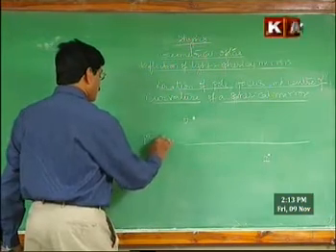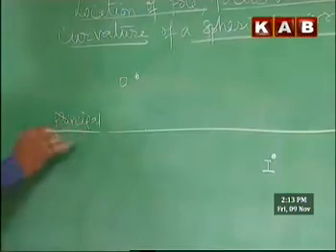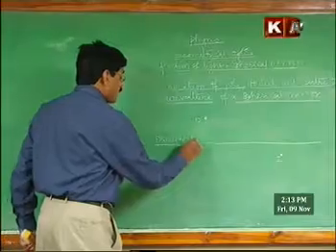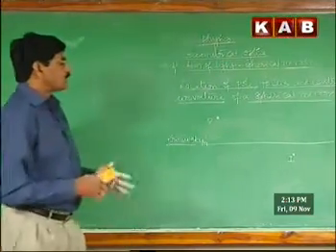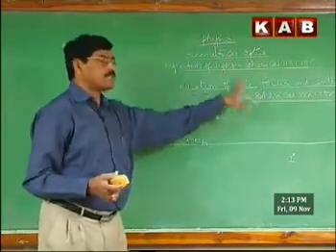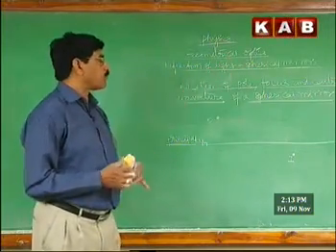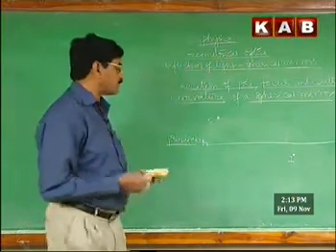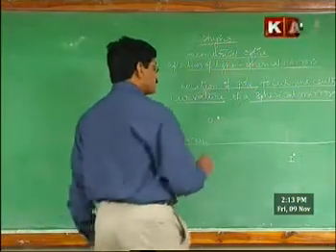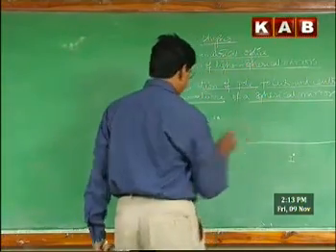Now, first of all, we have to identify the nature of the mirror, and once we identify whether it is convex or concave, we have to identify the pole, focus and center of curvature. What is the procedure? The first step is the identification of the mirror.